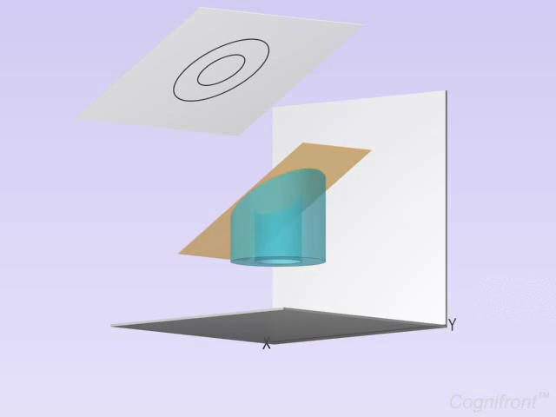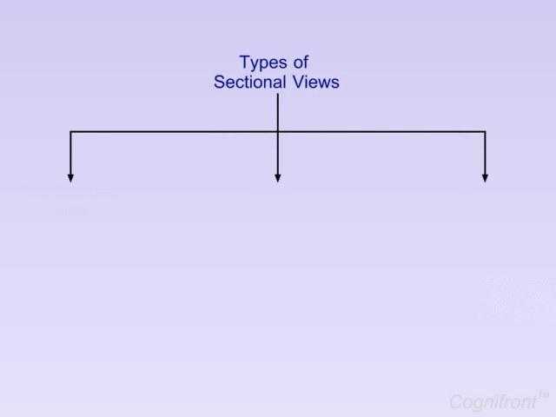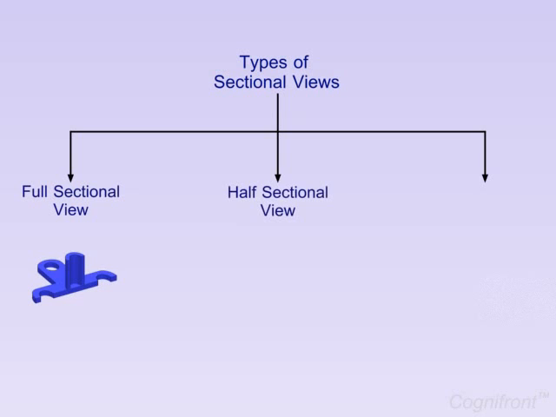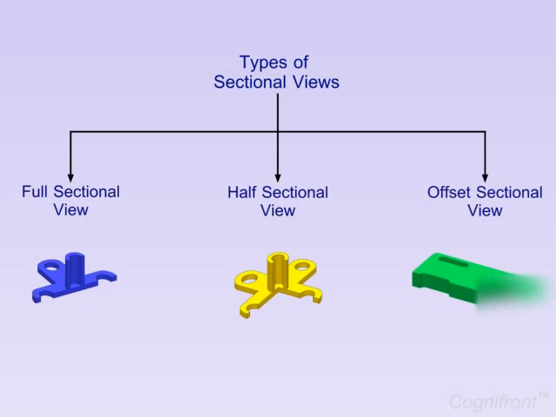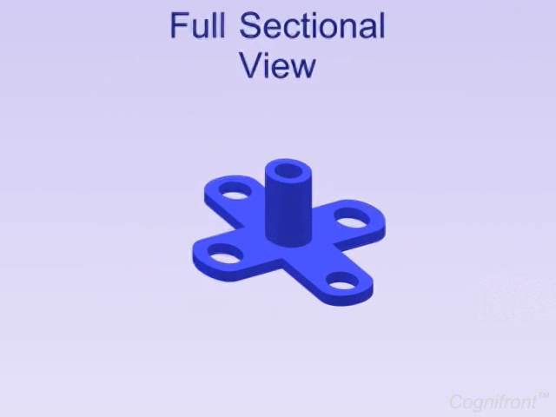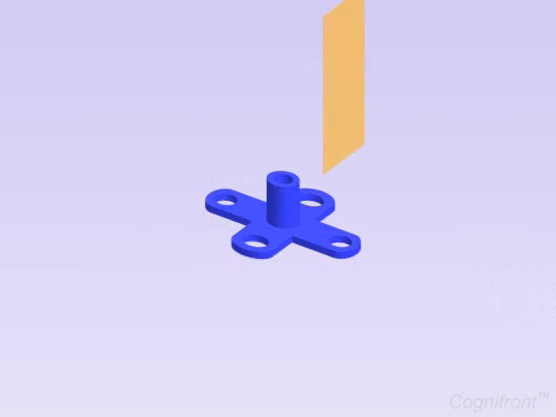Alright, next, the type of sectional view also refers to how the section plane cuts the object and how the drawing shows the resulting view. A full sectional view is obtained when the cutting plane cuts the object completely into two parts and the exposed part is projected.